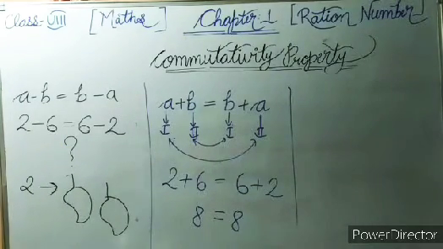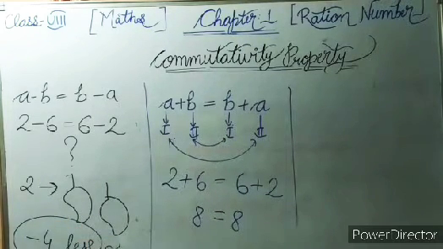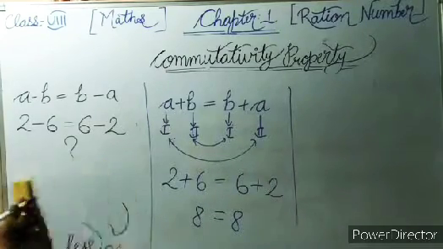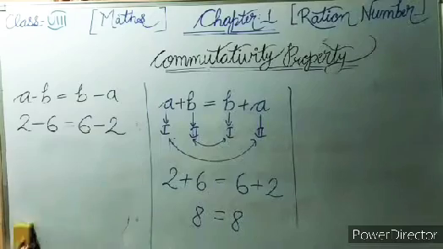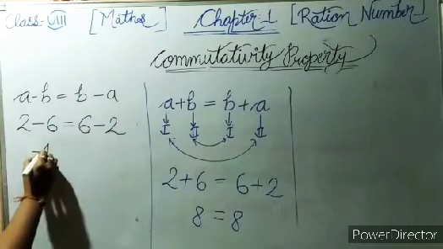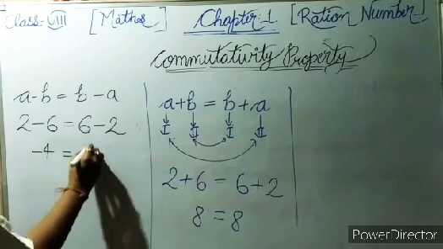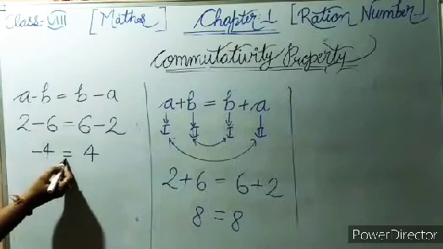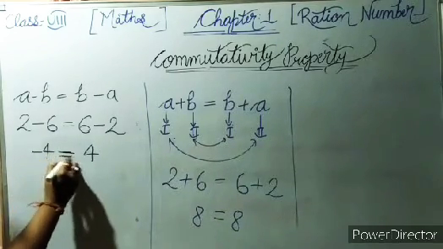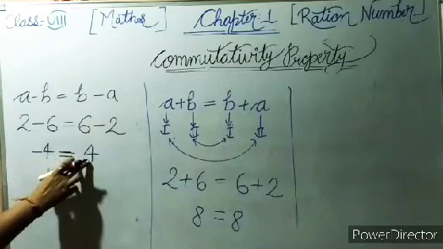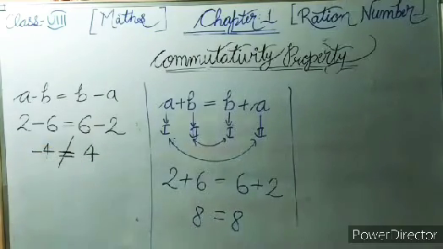How many less? 4 mangoes less. We don't have 4 mangoes, so how do we give 6 mangoes? It is not possible. That means we will get minus 4 here and plus 4 there. Is minus 4 equal to 4? No, it is not equal.